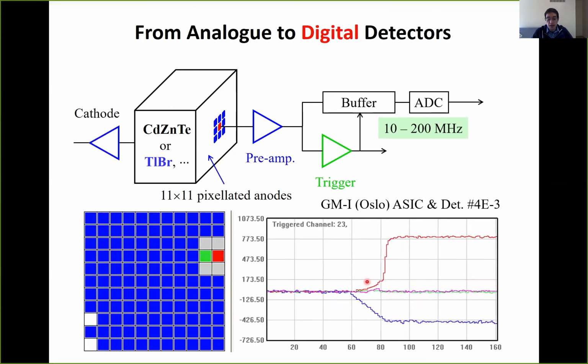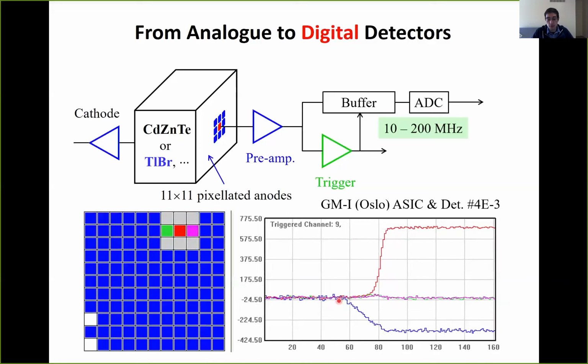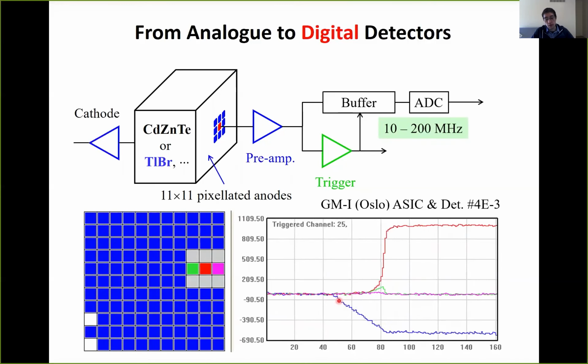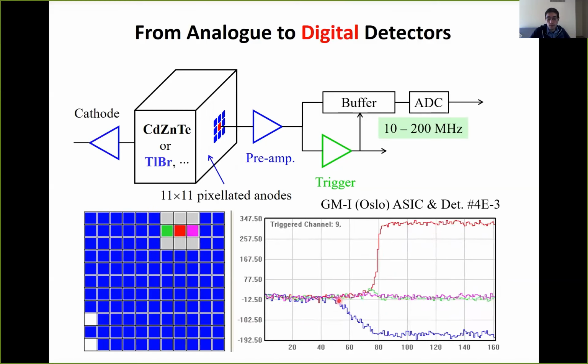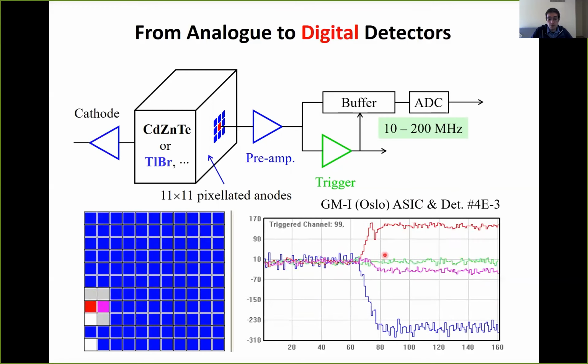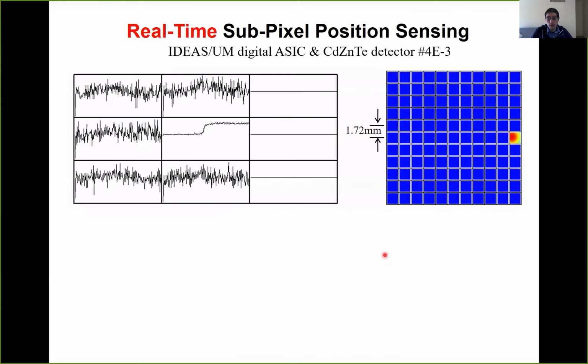Again, the anode is a depth-independent signal, while the cathode is a depth-dependent signal. If we take the ratios of the two, we can actually infer the depth of interaction. But anyway, this is what it looks like. The signals are coming out, and we can process it and result in a high energy resolution.